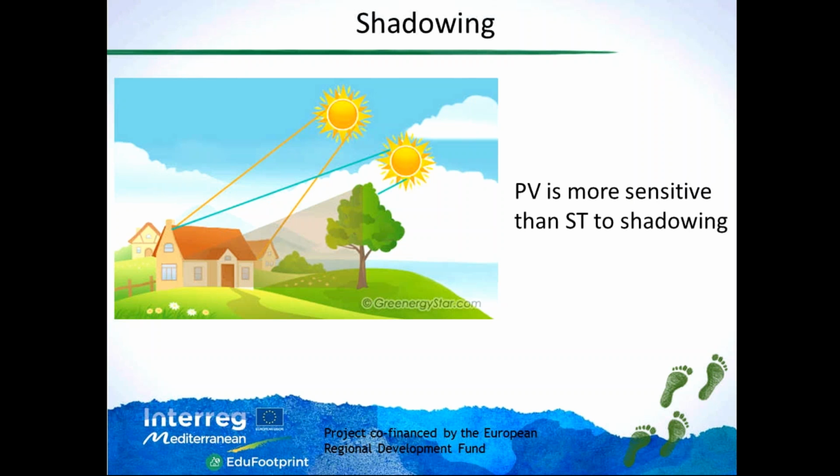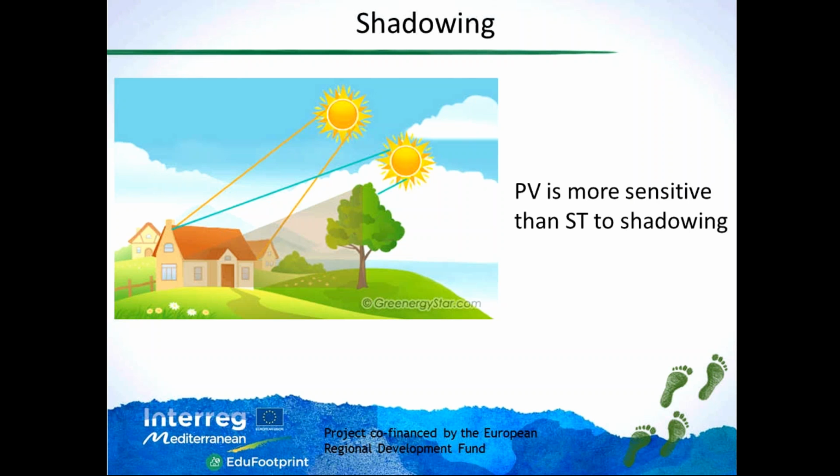What is important to estimate the shadowing is the distance from the roof where we are installing the solar plant to the obstacle, the height of the obstacle, and also its position with respect to the south. So all these elements should be considered.